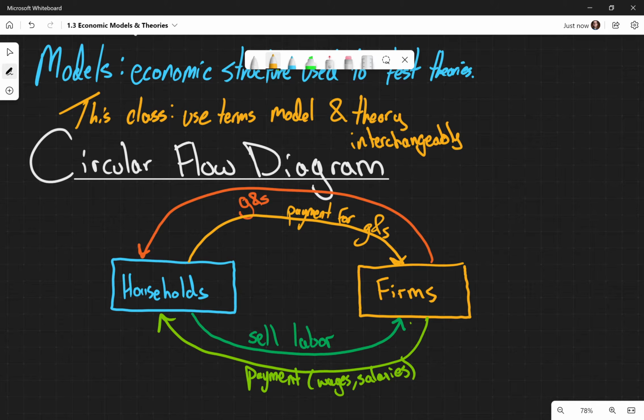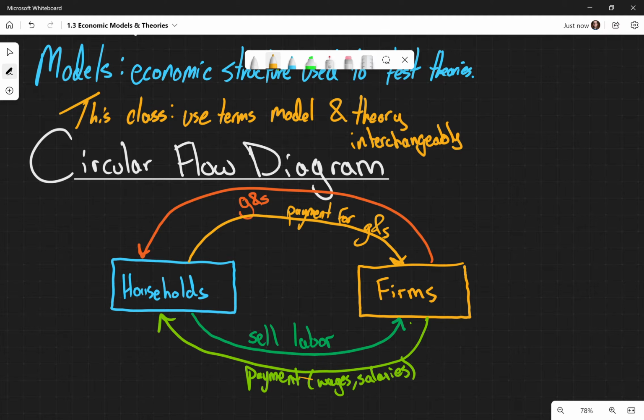So in this way, everything that we spend gets recycled in this circular fashion back to us in terms of payments.